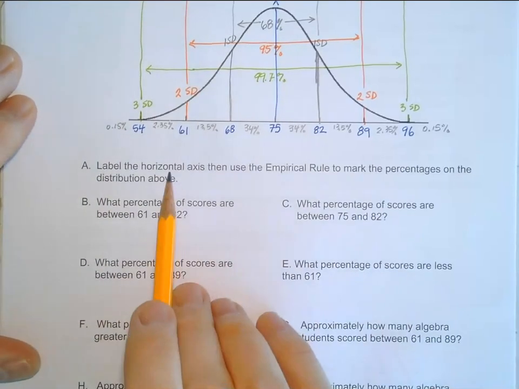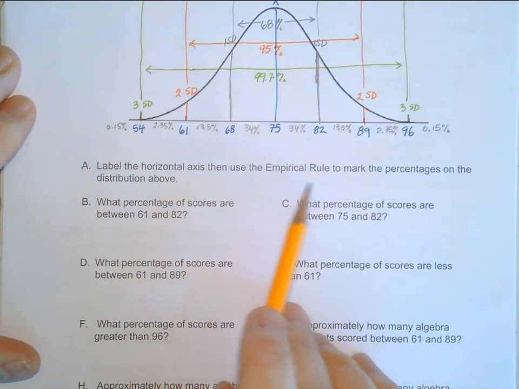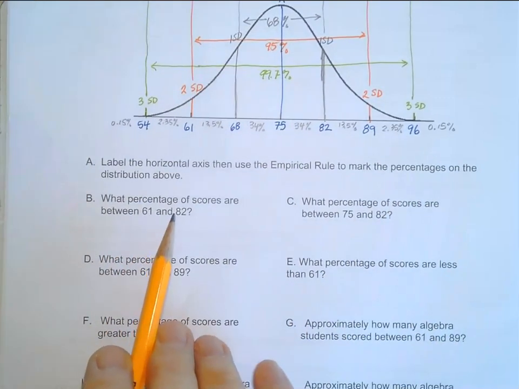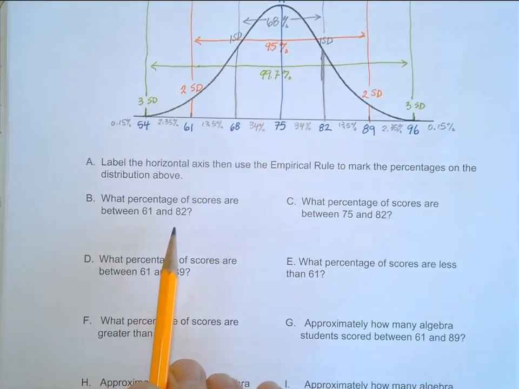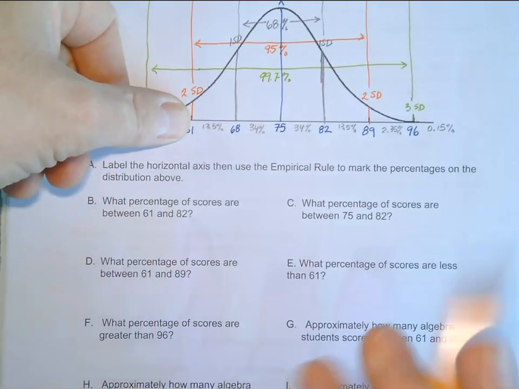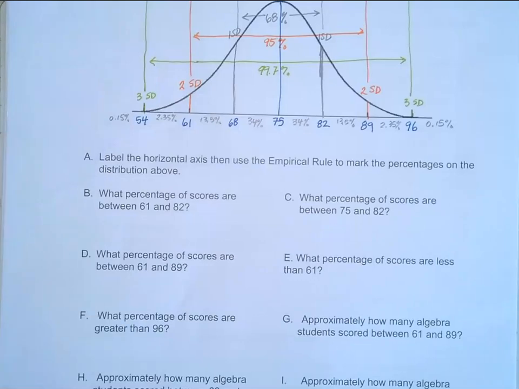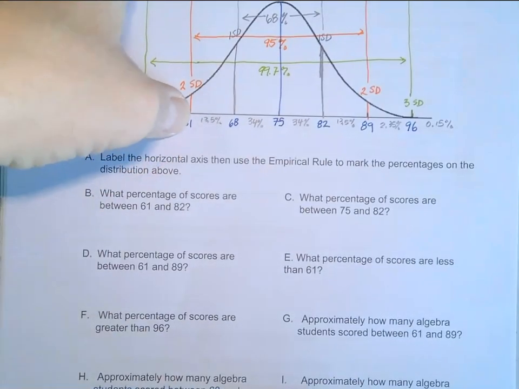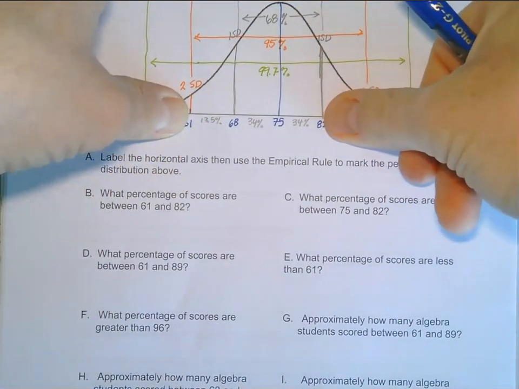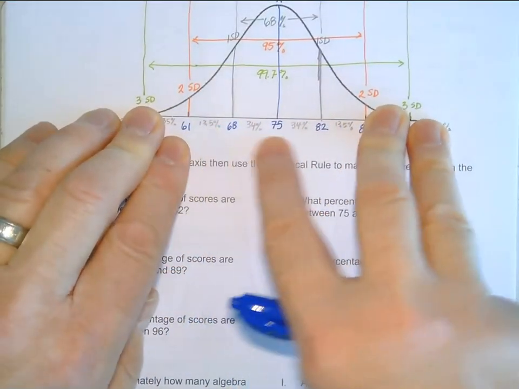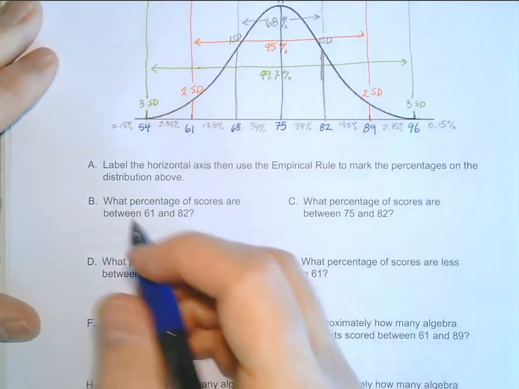It says label the horizontal axis, then use the empirical rule. So I've done that, check. What percentage of scores are between 61 and 82? We're asked to go from here to here. So if I'm going from 61 to 82, wouldn't it be the 13.5, the 34, and the 34?